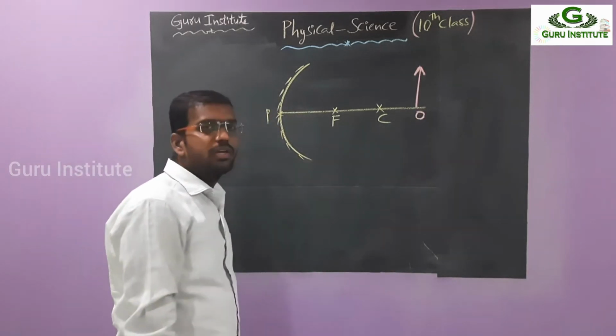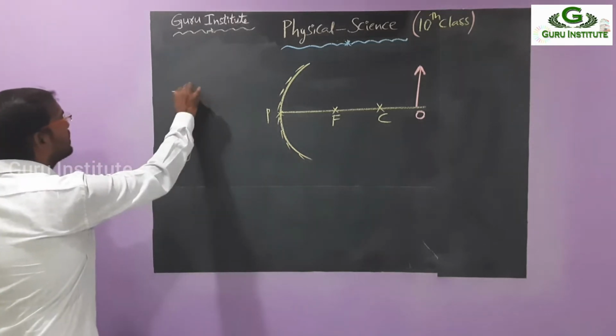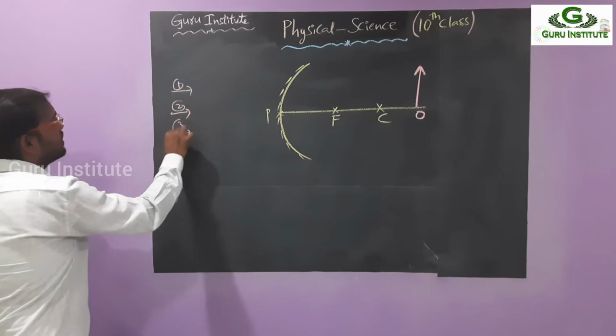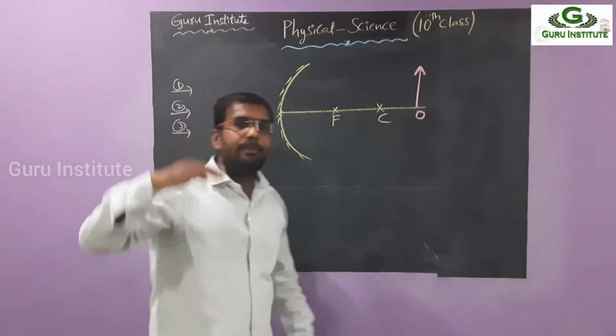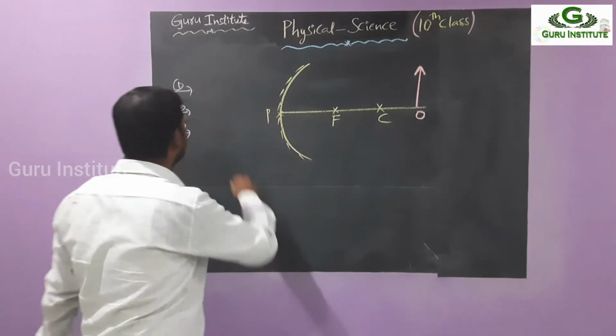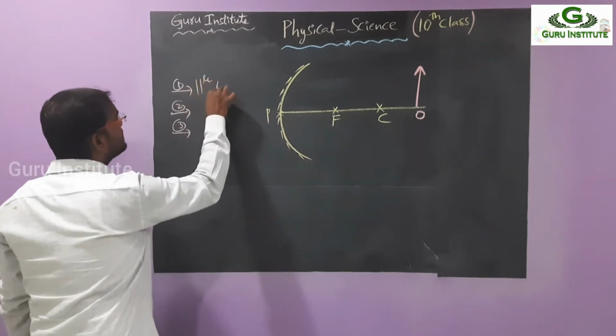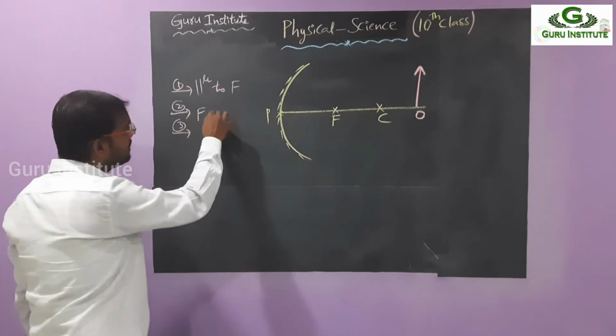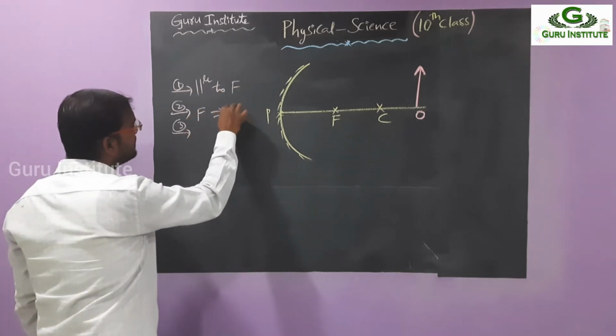Then what are the three lines we have to draw? In our last videos we have seen this. First one, a light ray parallel to the principal axis passing through the focus, and vice versa: passing through the focus, it becomes parallel to the principal axis.